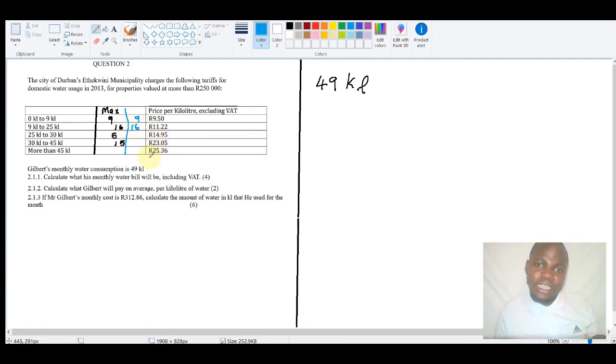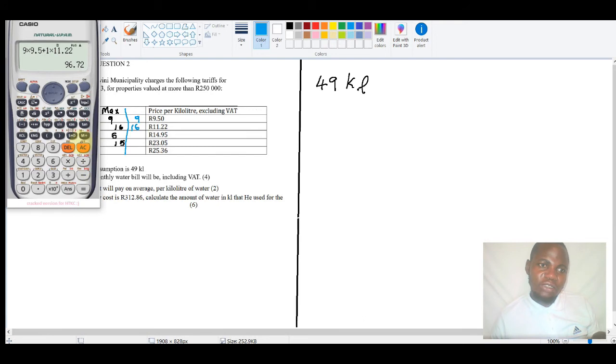Then you are saying 40 minus 16. What are you remaining with? Then you use your calculator, please. I'm using a calculator so that you get used to use a calculator. So you say 40 minus 16.